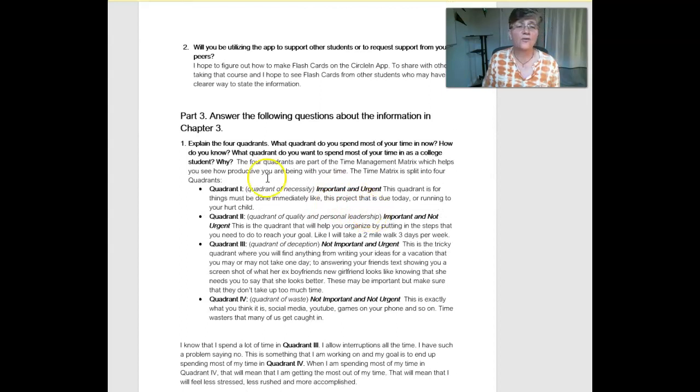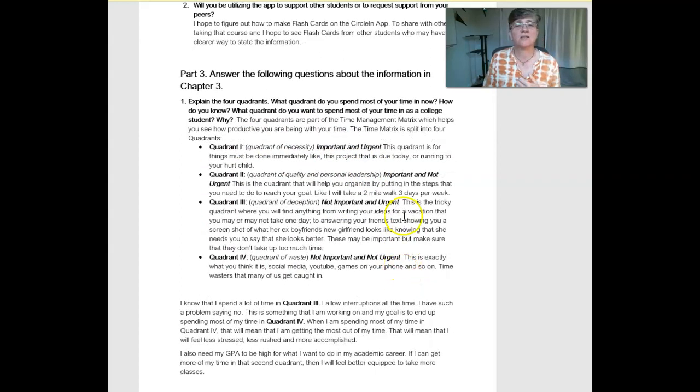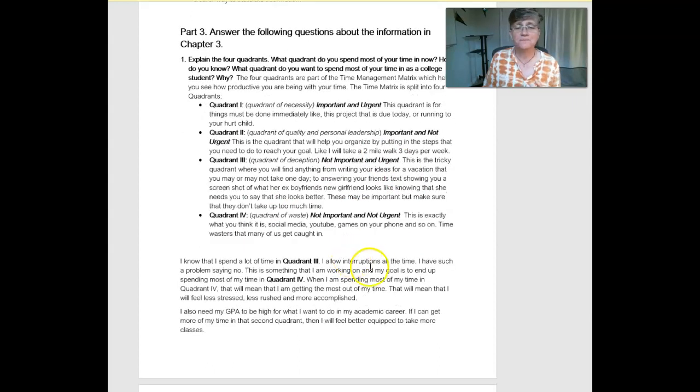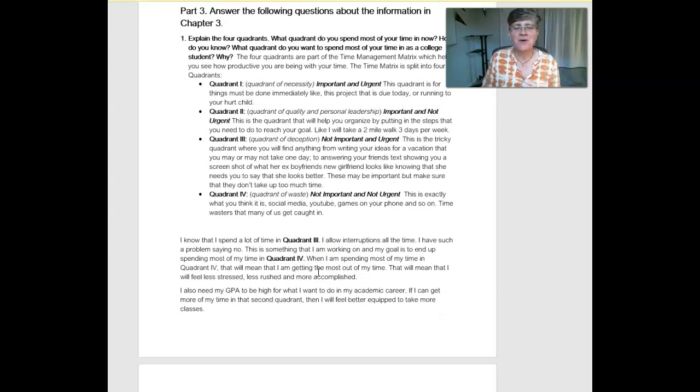She did a really good job right here explaining the 4 quadrants, giving some examples, and then right down here talking about what quadrant she finds herself in. She said, my goal is to end up working in quadrant 4. I think she meant 2, but it was okay.